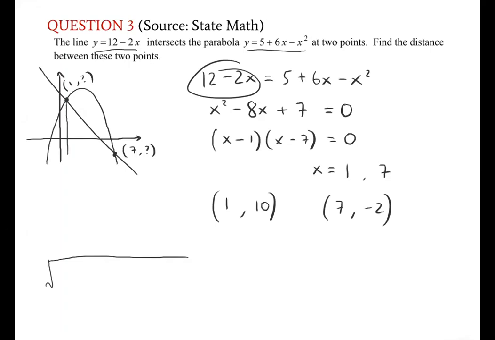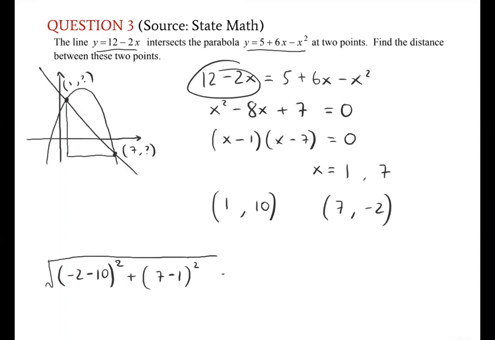It's the same concept. So you subtract one y coordinate by the other y coordinate, you square it, and you add the square of the difference between the x coordinates. So 7 minus 1.